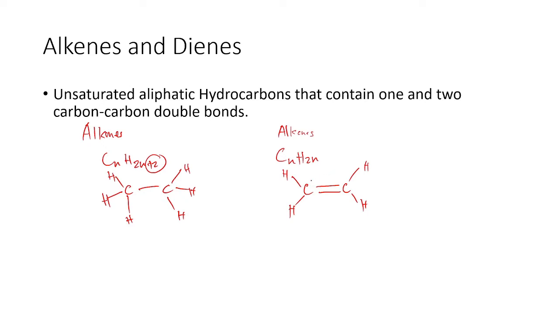The site for the bonding of two additional hydrogens is actually used for the double bond. So when we talk about alkanes, if you remember, we have a sigma bond. For alkenes, we have a sigma bond and we have our pi bond.